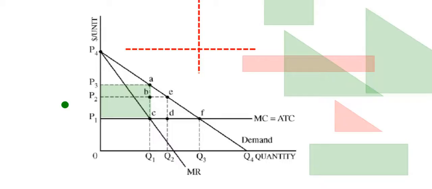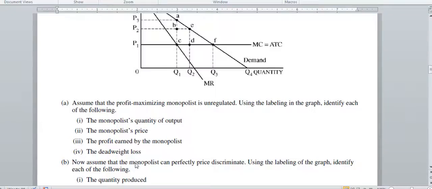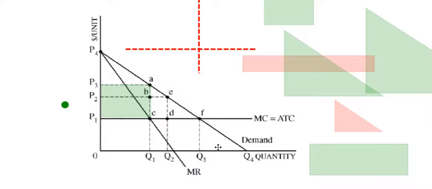Okay, now we need to look at what's next. We need to look at the deadweight loss. The deadweight loss is going to be whatever we could have made, the difference between where the monopolist is producing and pricing, and where the allocatively efficient point is, which is point F, where marginal cost equals price right here.